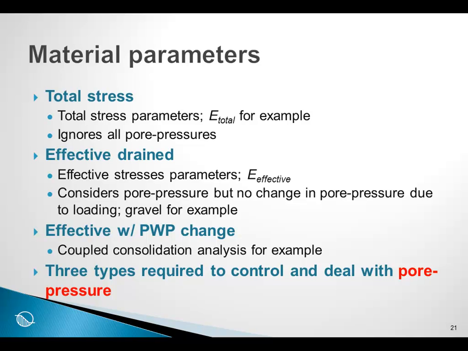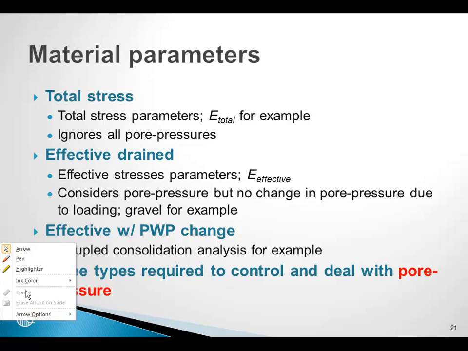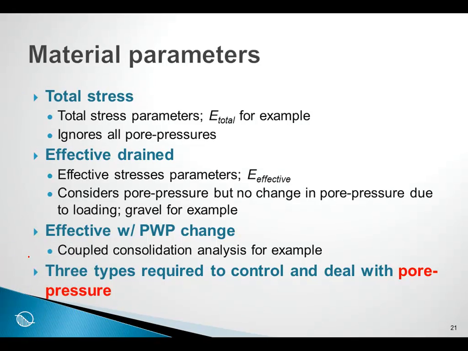In SIGMA/W, it has become necessary to define material properties and categorize them in three different ways. The one way is to describe the material parameters as total stress material parameters. For example, Young's modulus E is total E. This is called a total stress parameter.